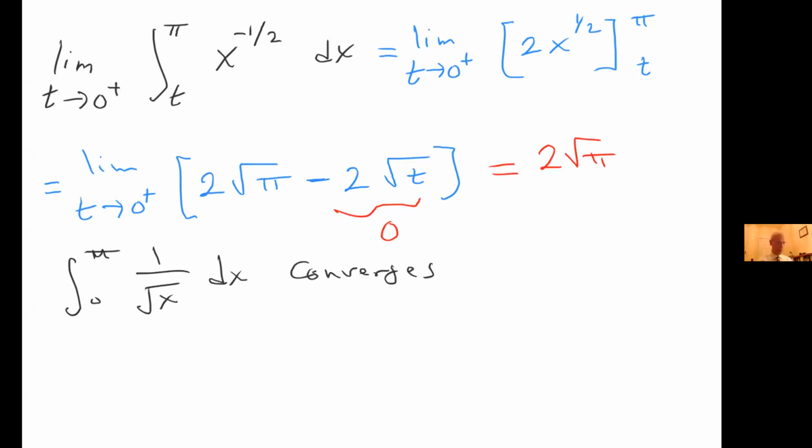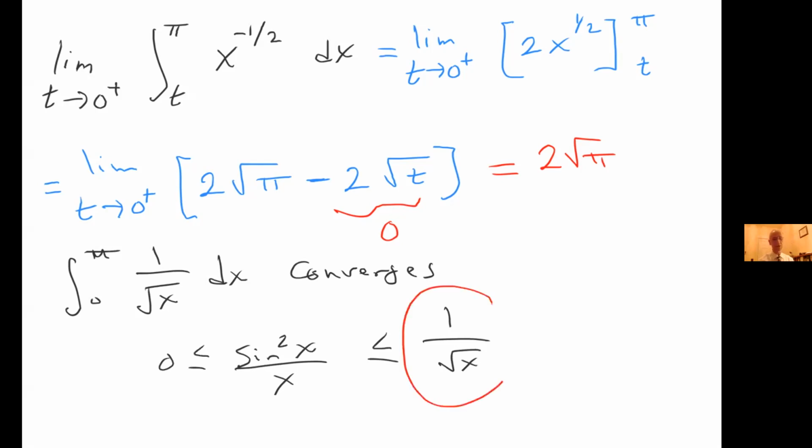And what did we have in the previous page? We had that sine squared of x over x is smaller than or equal to 1 over root x, or x to the 1/2. And then we had a 0 here. So notice that because this here converges, by comparison, this is converging.